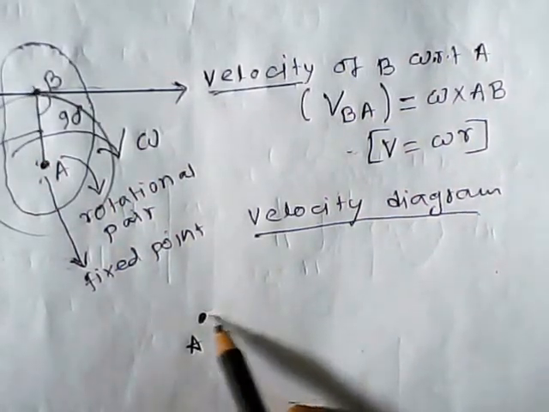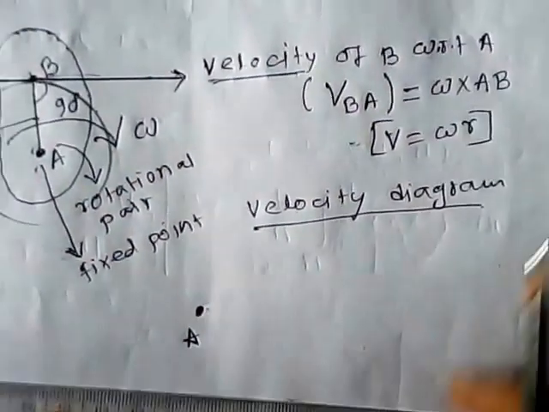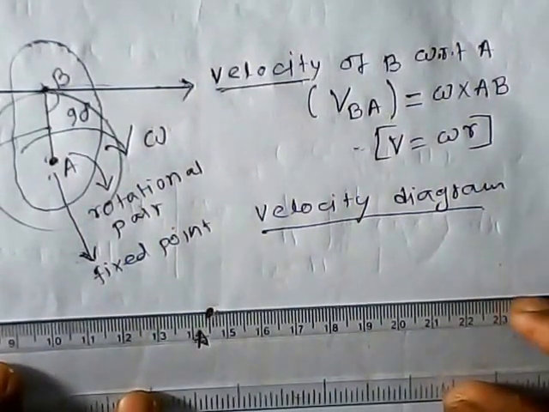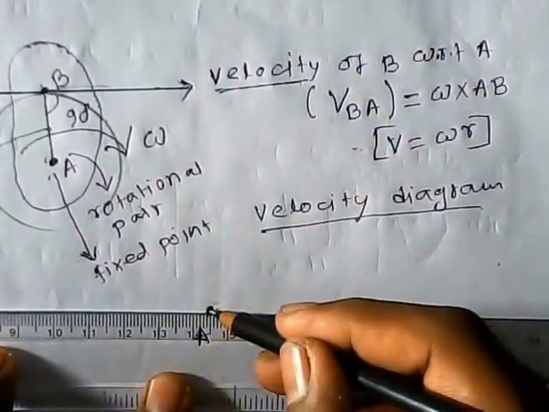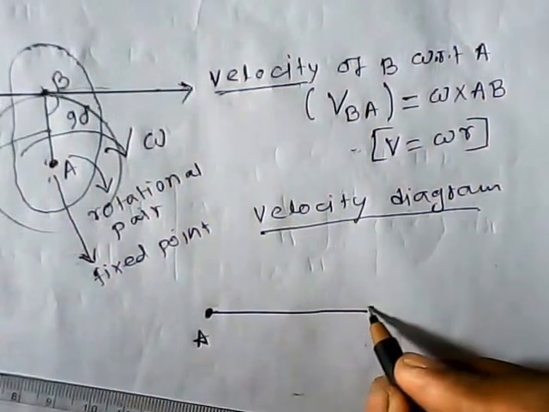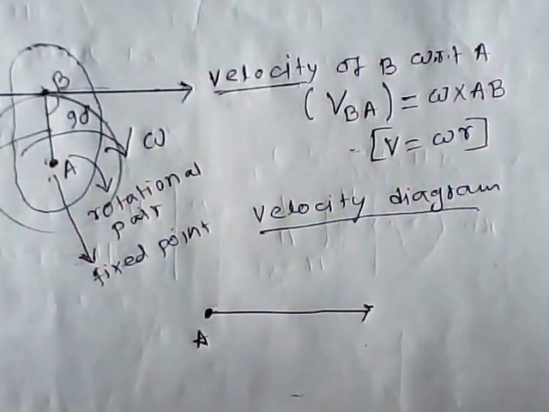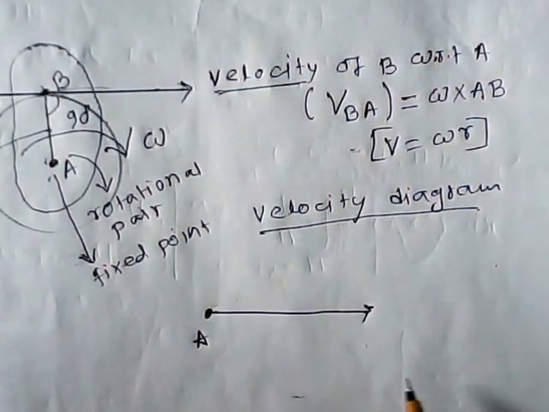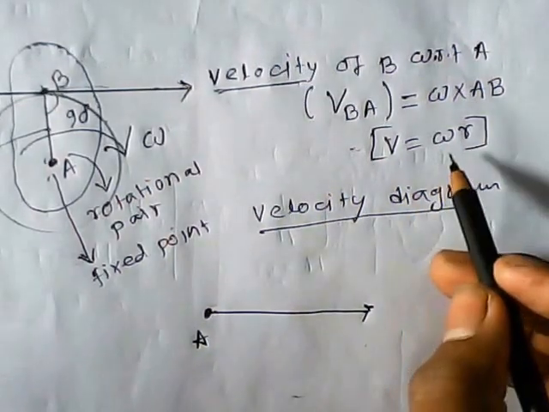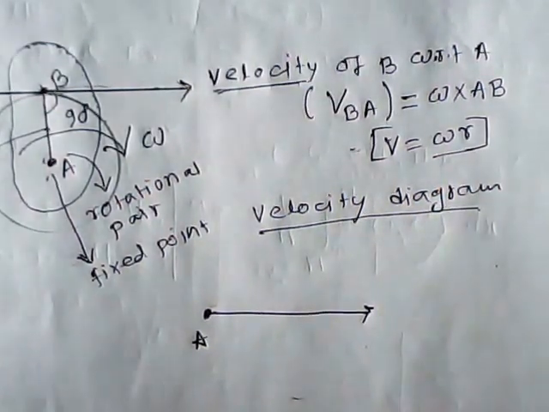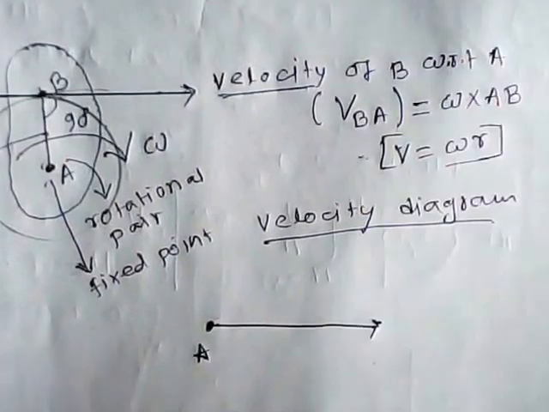So the velocity direction is drawn from the point A in this direction, that is parallel to the velocity direction, or also perpendicular to the link AB.